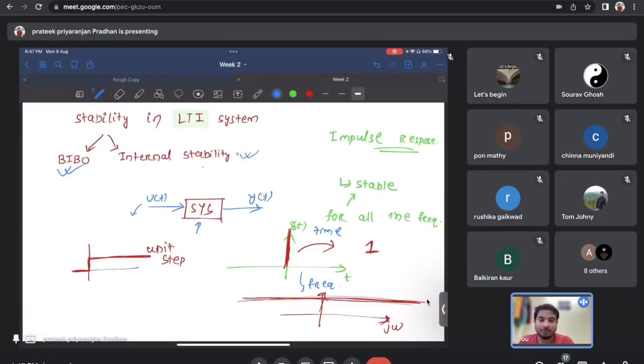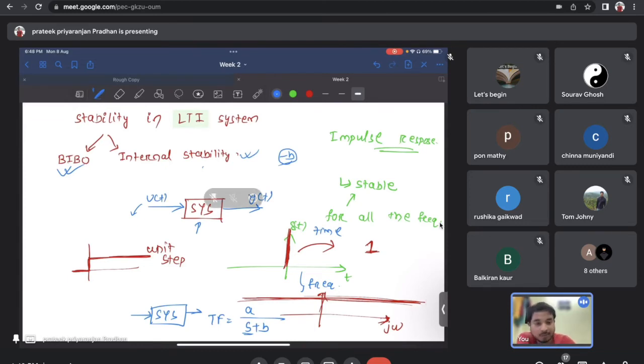I would like to say a few more things. Now I know my system should be internally stable. So what if my system has some poles? Then my system transfer function is like A by s plus B. What will happen if I give the input s equal to minus B?